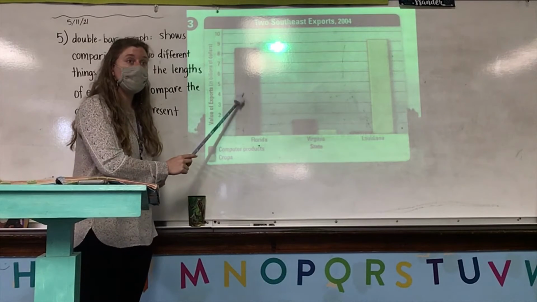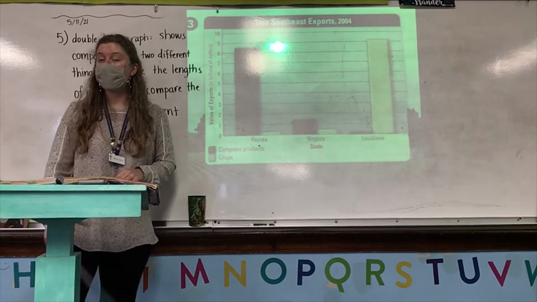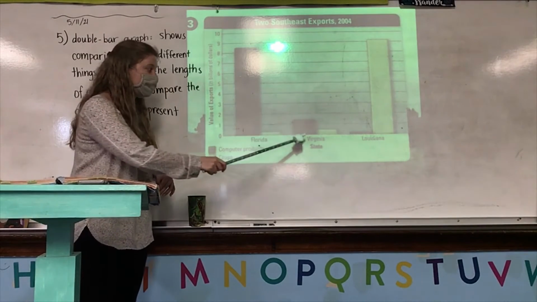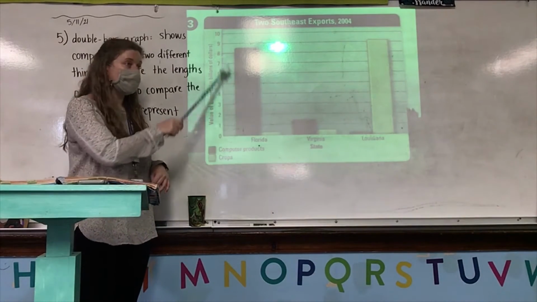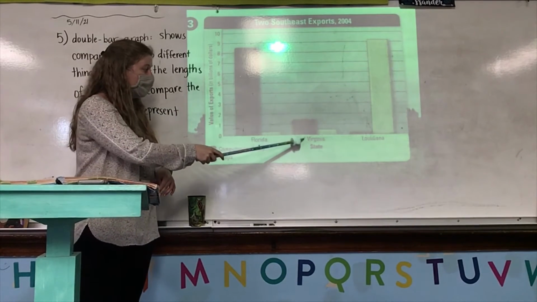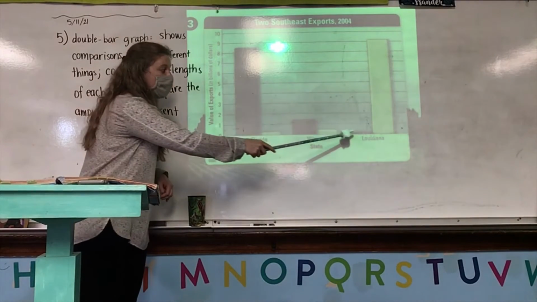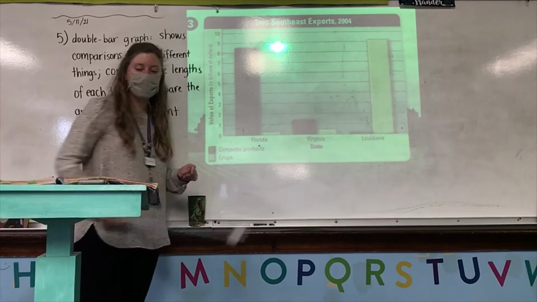Remember, the red bar stands for the amount of money made off of computer products made in factories in each state. The computer products made and sold from factories in Florida, in Virginia, and in Louisiana.